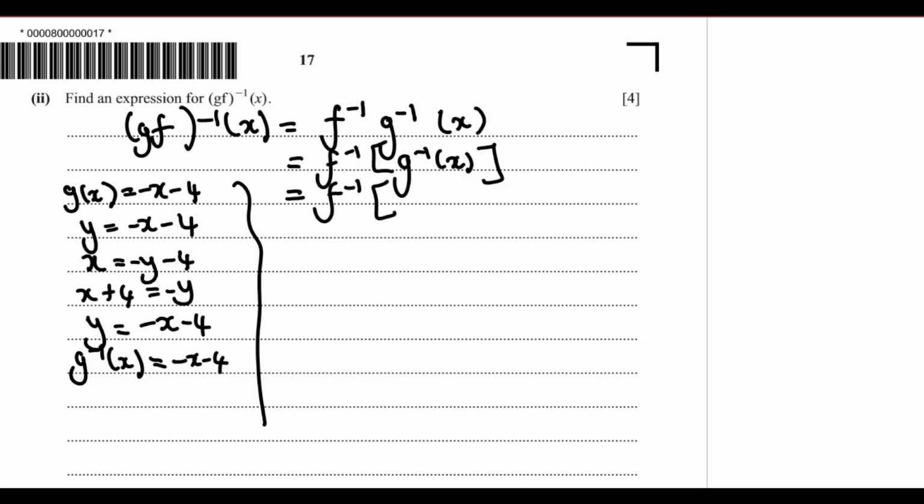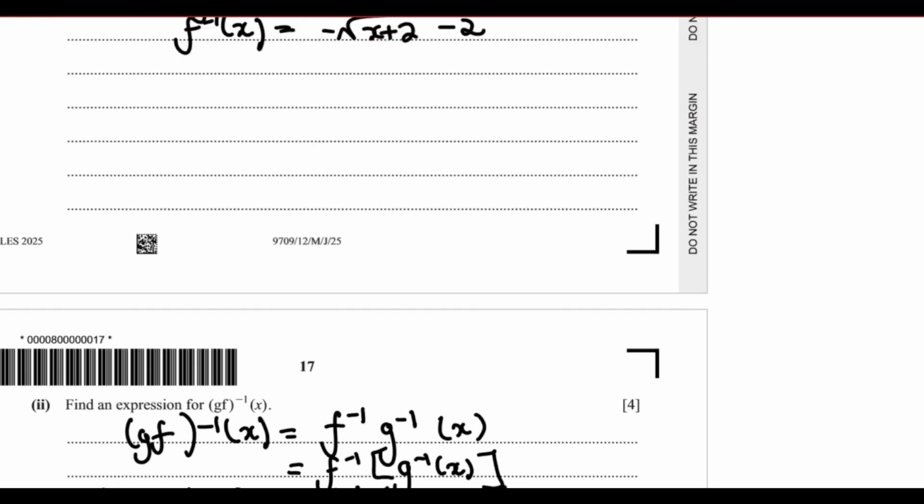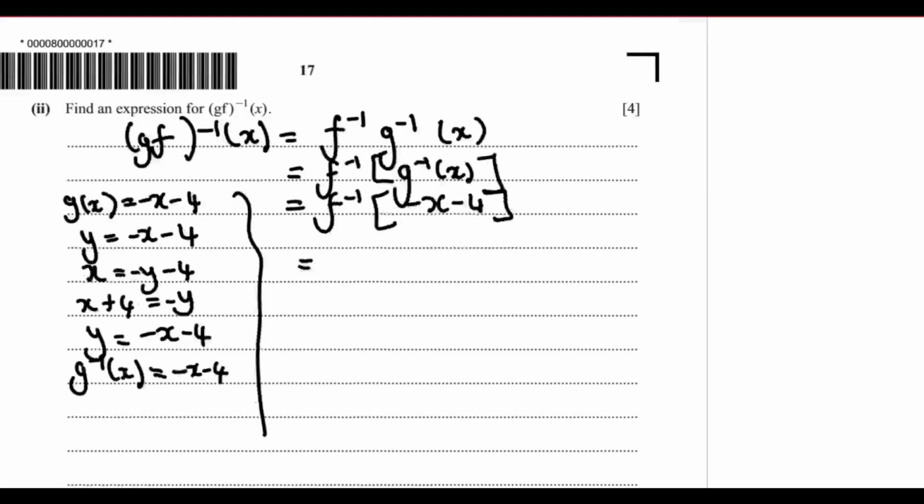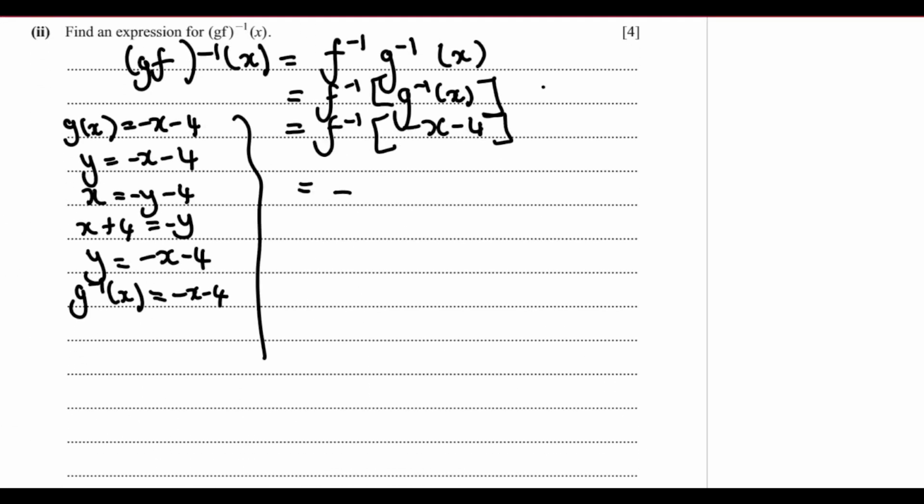So I just need to substitute that into f inverse, which is from the previous question, minus the square root of (negative x minus 4 plus 2) minus 2.